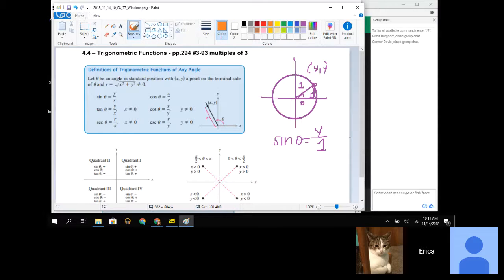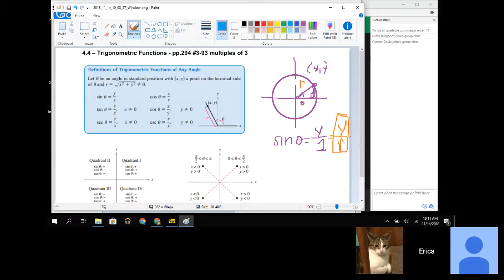How do you figure out what the sine, cosine, and tangent are? Instead of 1, it has some radius. So when you find the sine of theta, instead of it being y over 1, the sine of theta is going to be y over the radius.